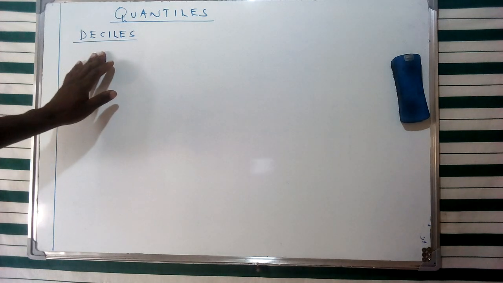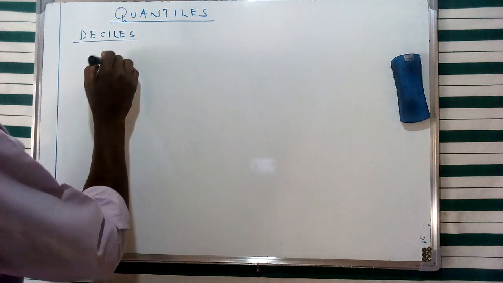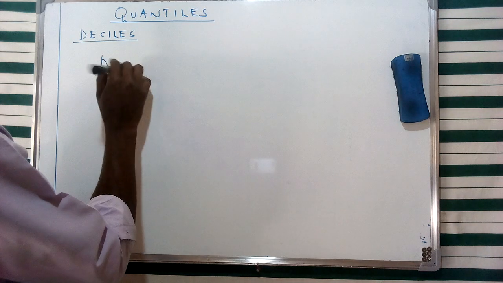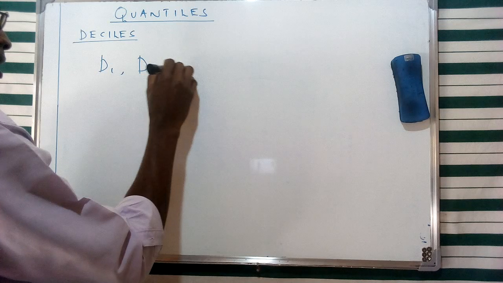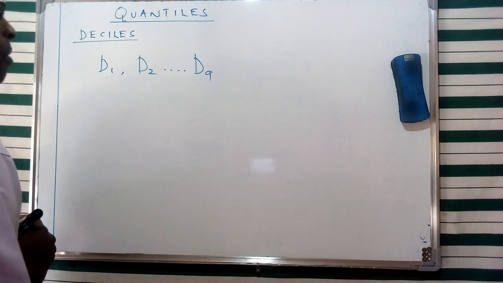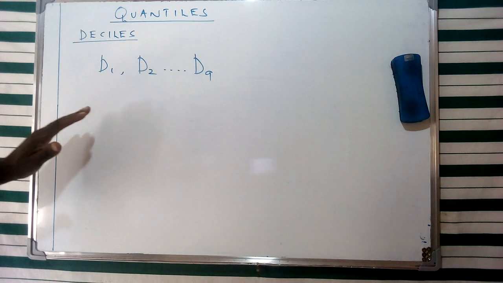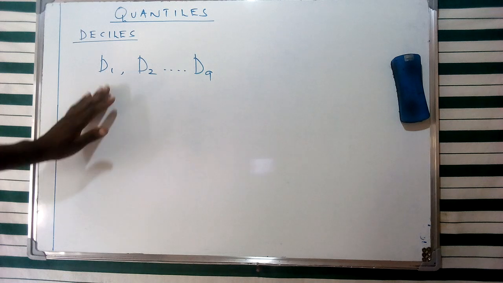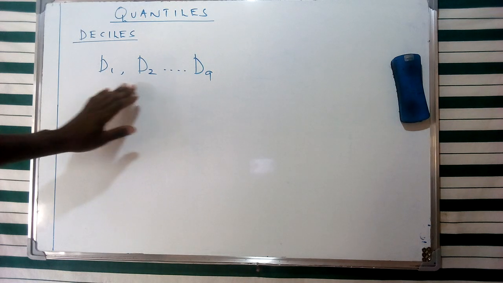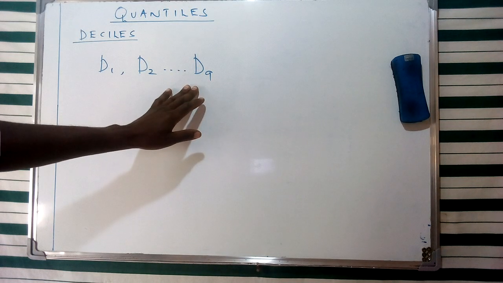Now, the deciles are a set of measures which divide frequency into 10 equal parts. They are given a denotation for the first decile, the second decile, and this goes on up to the 9th decile. So they divide a set of frequency into 10 equal parts, using the notations first, second, third, fourth, up to the 9th decile.